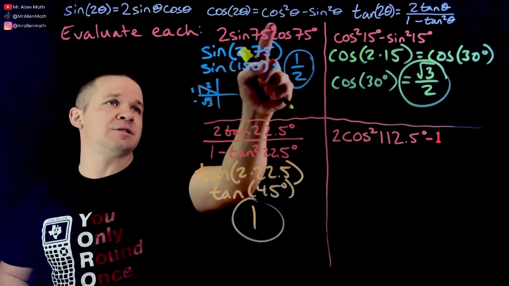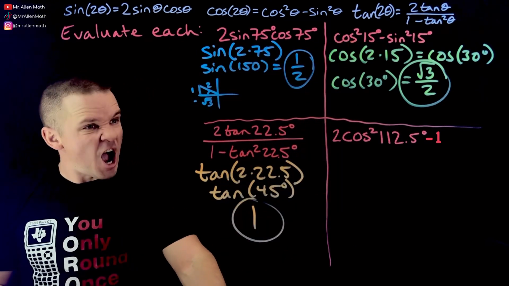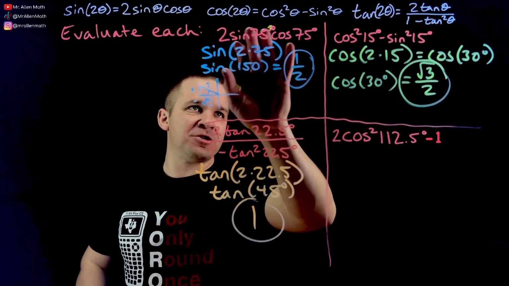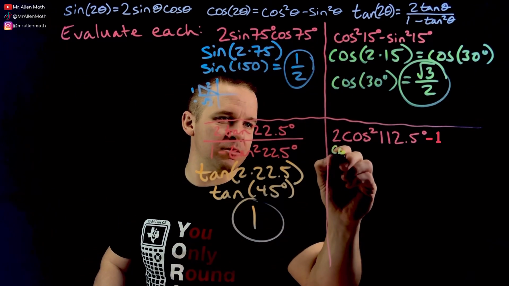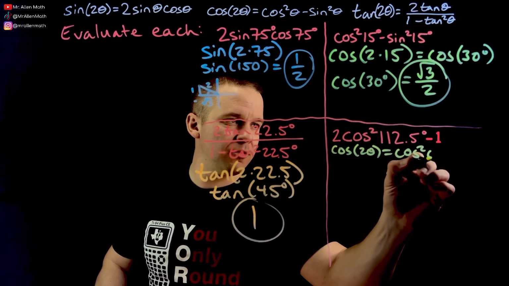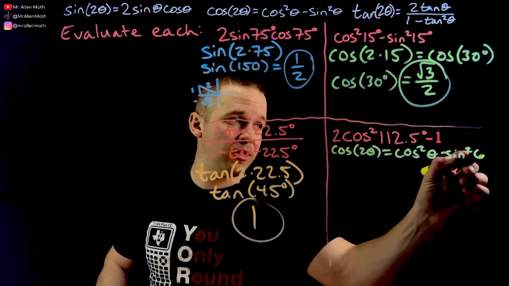Oh my goodness, I don't see this one anywhere. Check this out. Ready? If I took my cosine double angle formula, so cosine of 2 theta equals cosine squared theta minus sine squared theta.